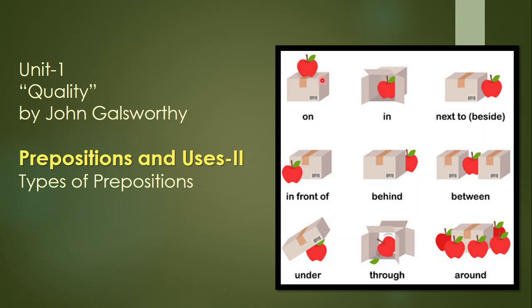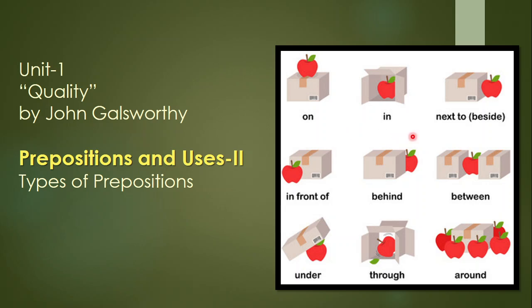Take the apple as one noun and the box as another noun, and based on the knowledge you have learnt in the previous session, just look at the position of the apple and the box. This is for the recap.